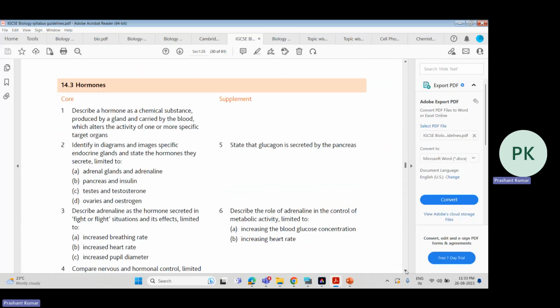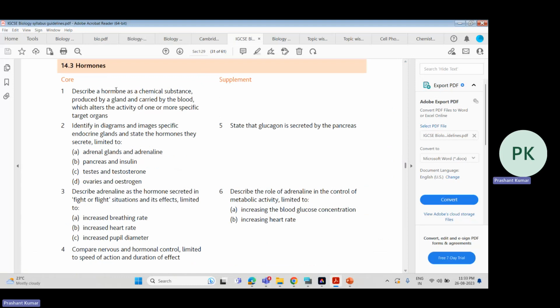14.3 discusses the hormones. First we'll discuss what a hormone is. Then identify in diagram the endocrine glands, limited to adrenal gland, pancreas, testis, and ovaries.